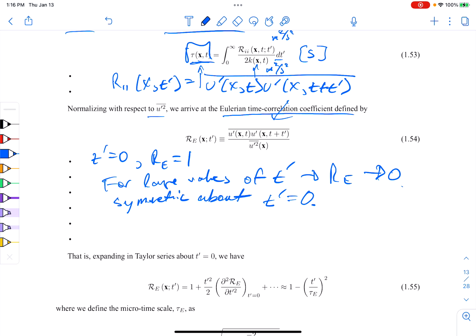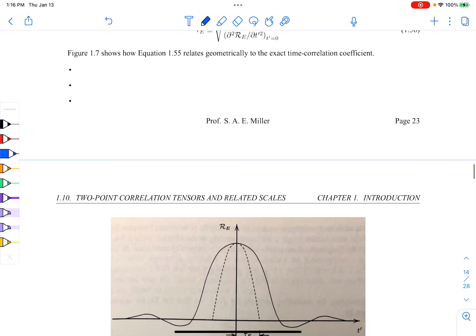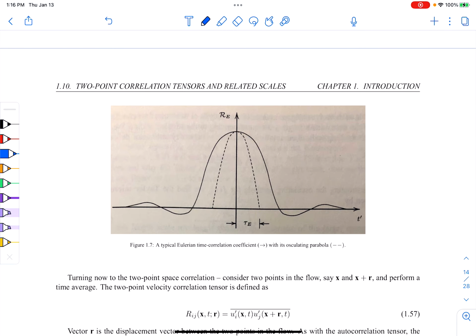So let's look at one typical plot of this, and this will be in figure 1.7, I believe, way down here. Here's what it looks like, this particular line right there. You'll notice something interesting about this.